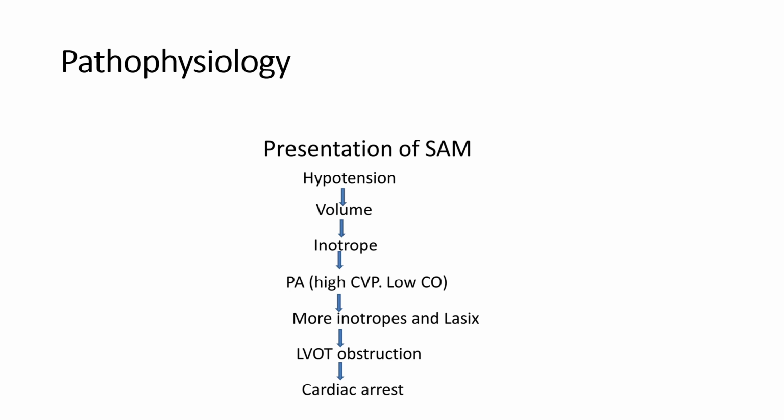This will lead to a high CVP and a low cardiac output because it's causing further obstruction of the outflow tract. Now, since we have a high CVP, we will give Lasix, and we try to give more inotropic agent to increase our cardiac output. This will lead to more LVOT obstruction and ultimately into a cardiac arrest.